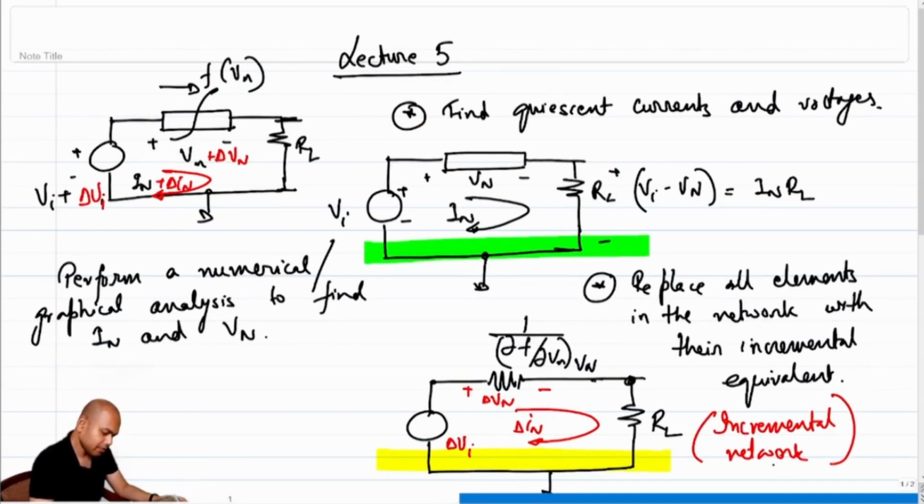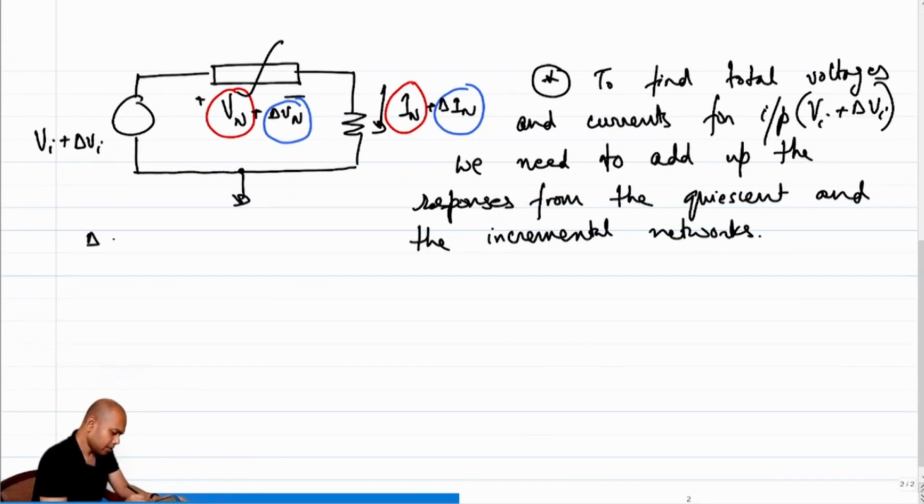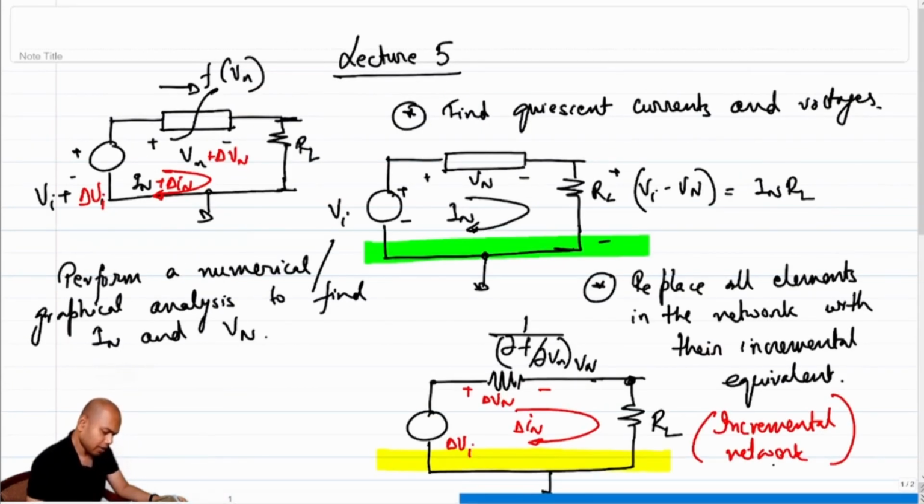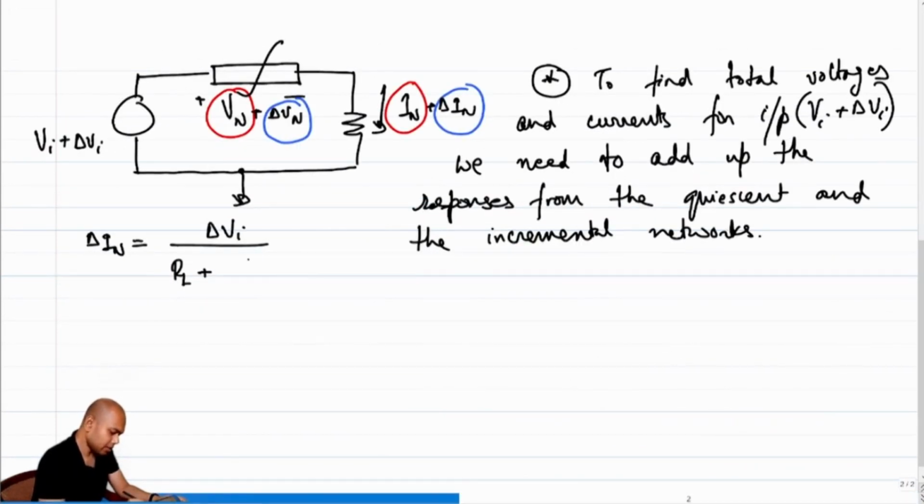What is delta In? I know that delta In is delta Vi by RL plus this incremental resistance, right? What is that incremental resistance? That is 1 over del F del V evaluated at Vn, right?